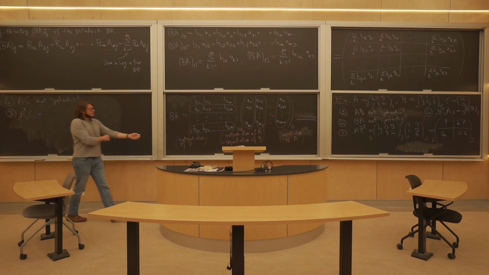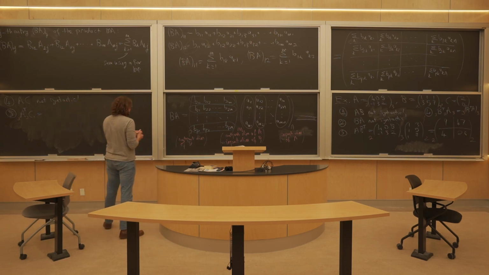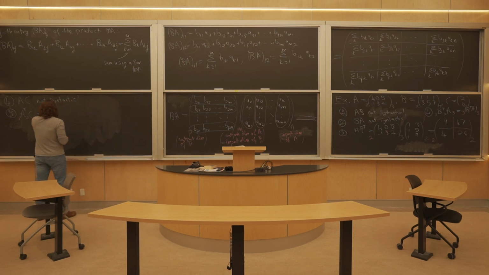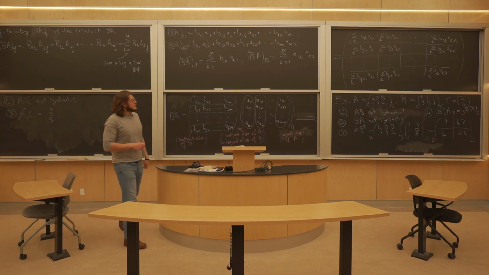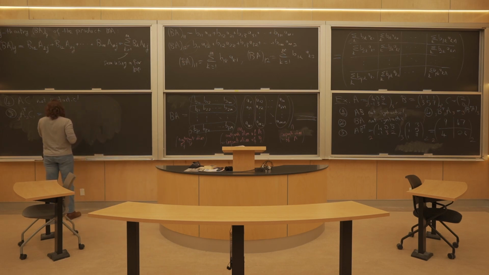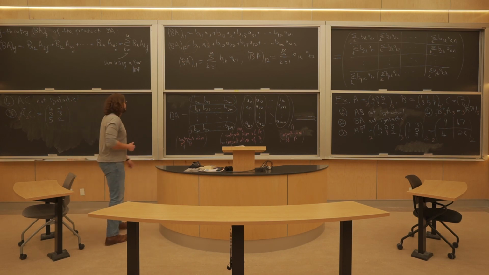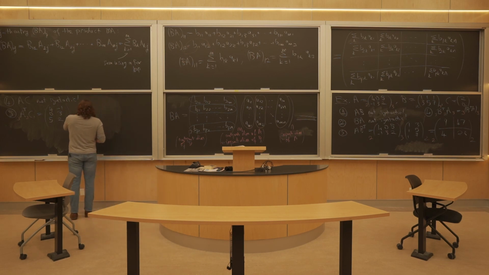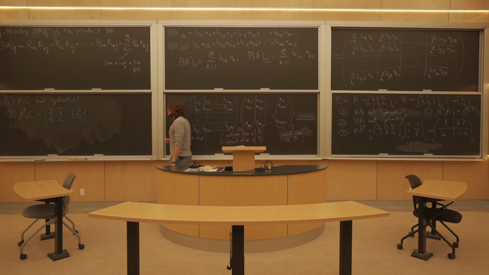Okay, let's write it down. So this is 4, 0, 5 as the first column. And then the second column is minus 1, 3, 2. And C is 2, 0. You can do this multiplication, of course, but you can also think of it like this.